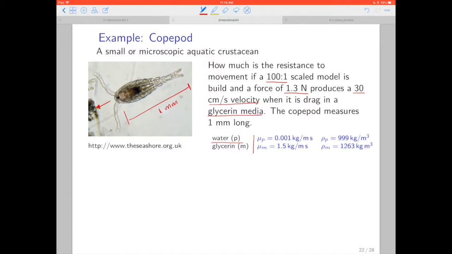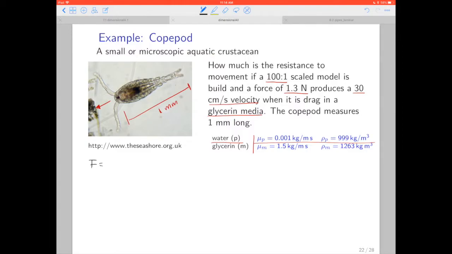Okay, so first of all we have this little table with the prototype and model properties. We have the viscosity and the density for water and for glycerin. So let's start to look into our functional relationship.